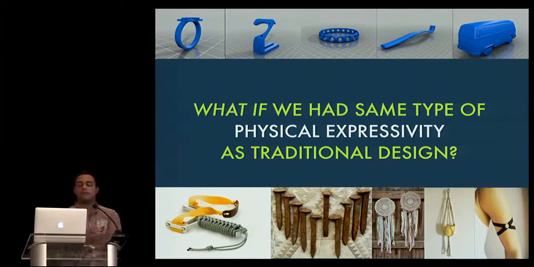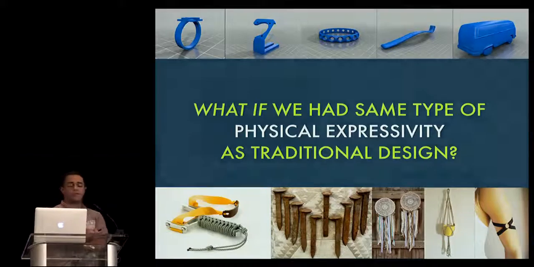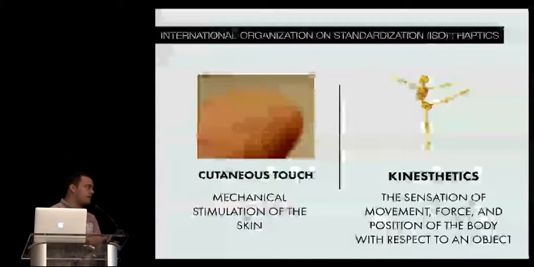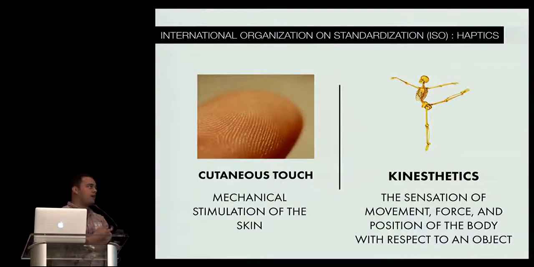Specifically, how do you even go about designing the feel of an object? In order to look into this question, we looked at the field of haptics, which according to ISO is divided into really two fields. Cutaneous touch, which is the mechanical simulation of the skin, and kinesthetics, the sensation of movement, force, and position with respect to an object.